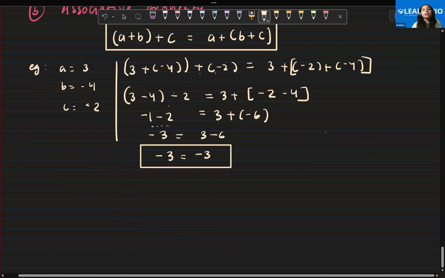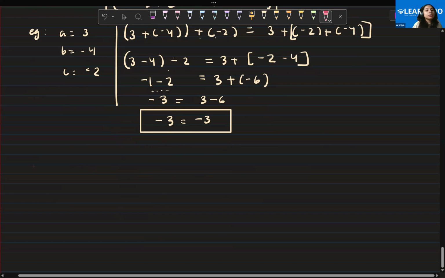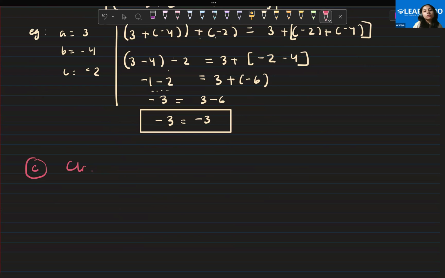Now the next property we have is closure property. This you might have done in rational numbers. Can anyone tell what is closure property? Okay, so basically, we'll do closure property of integers first of all under addition, and then we will do under subtraction.